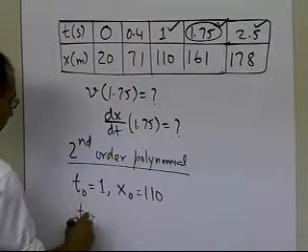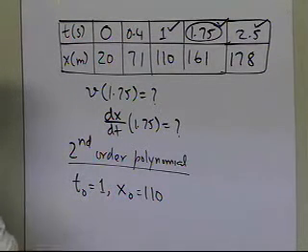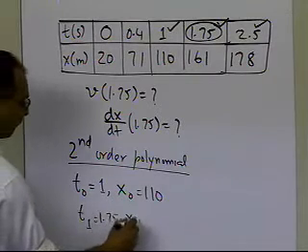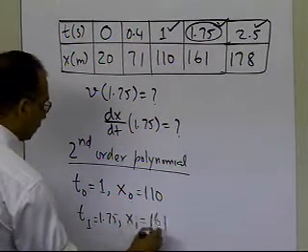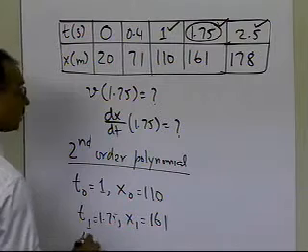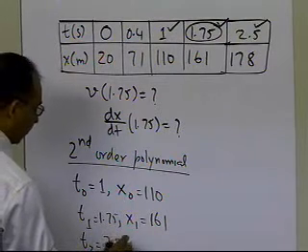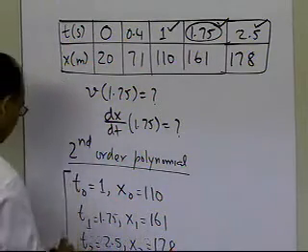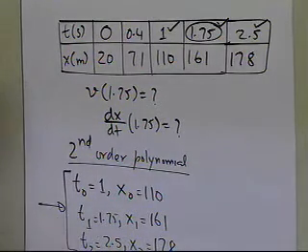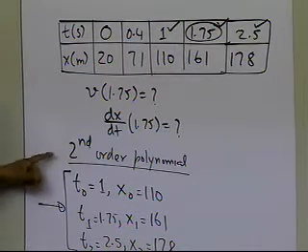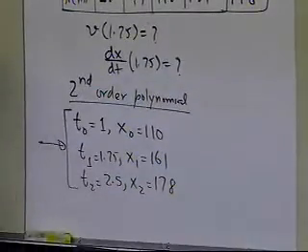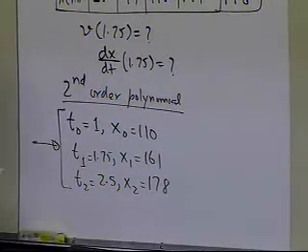Then t1 is 1.75, and the corresponding x is 161. t2 is 2.5, and x2 is 178.